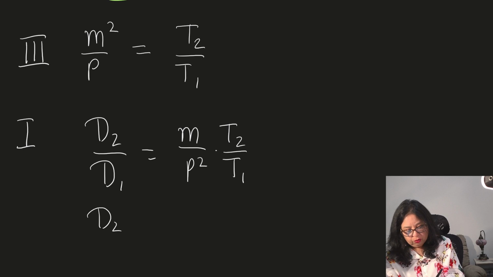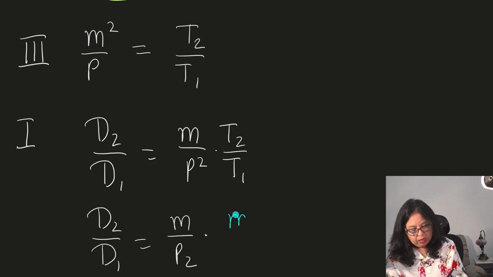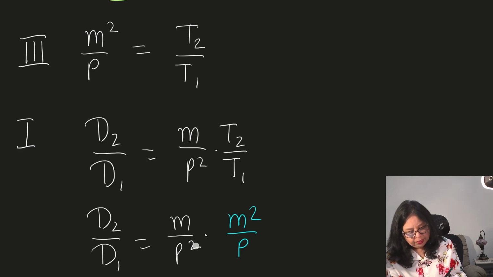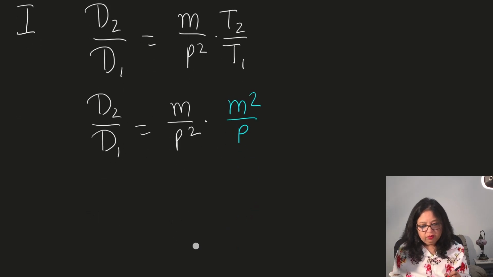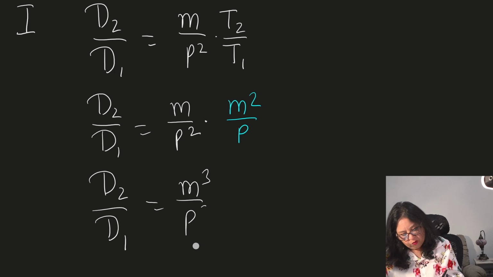So what I'll do is, instead of T2 over T1, I'm going to write M squared over P. And my bad, this is not a subscript. It's supposed to be a superscript or a square. What does this give me? This gives me D2 over D1 equals M cubed over P cubed.